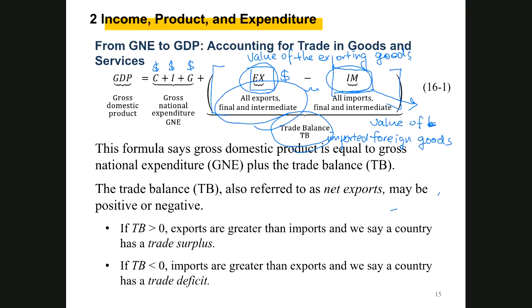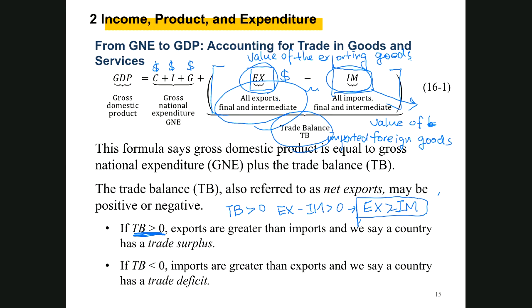Like we said at the beginning of our lecture, if the trade balance is larger than zero, what does it mean? That means export minus import is larger than zero, so export is larger than import. What do we call this?